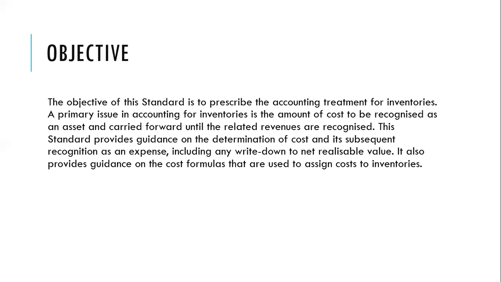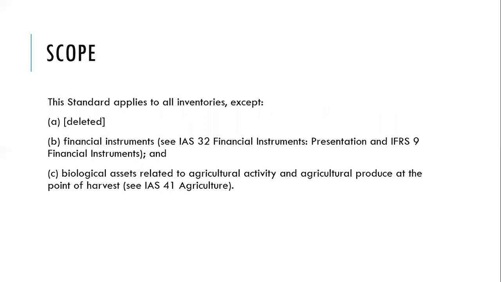But LIFO is not one of the recommended methods to be used in costing inventory by IAS 2. So basically you use first in, first out, or you use the weighted average cost method, or if your policy allows, standard cost and the rest, but you cannot use last in, first out.